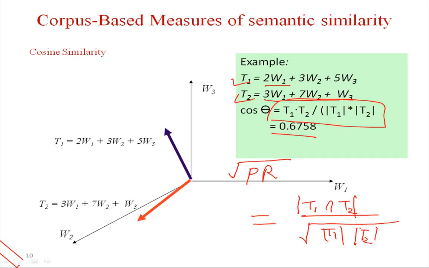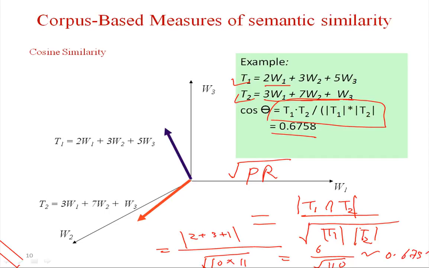So this will be divided by the cardinality of T1 times the cardinality of T2, and this will be equal to 0.6758.